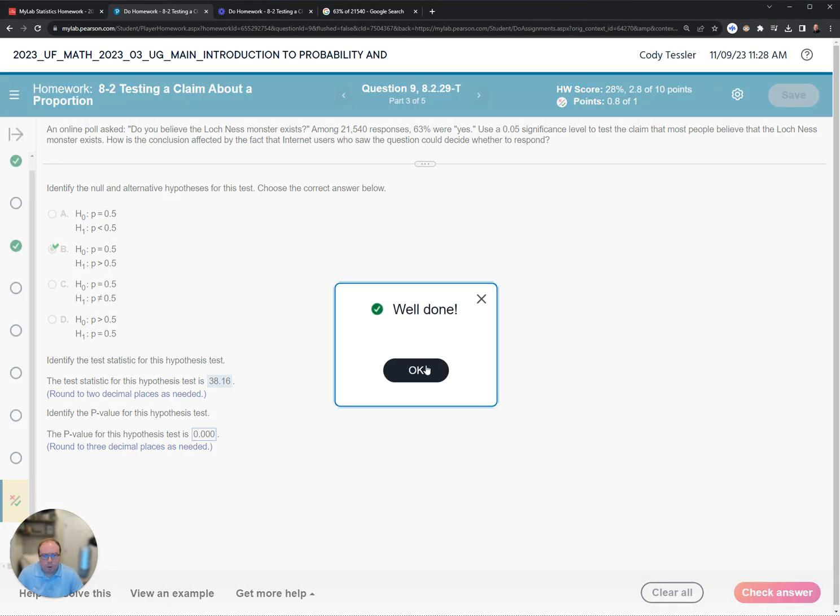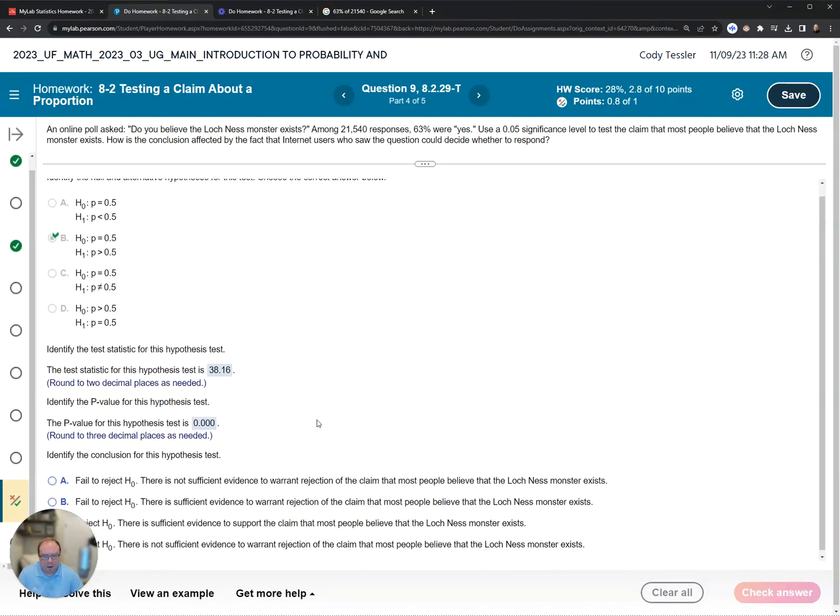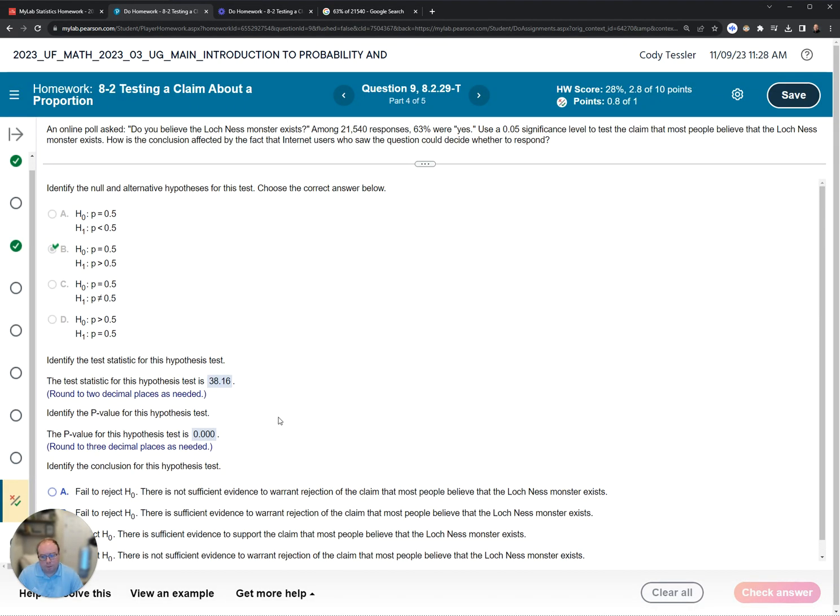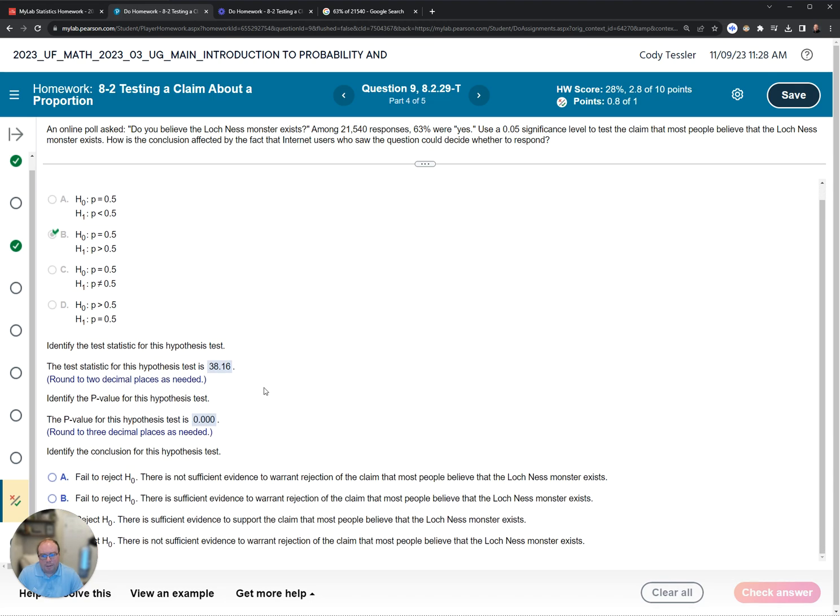And if we pause for a moment and think about why we have such a low p-value, if we're looking at our statistic right here, this is definitely in support of this claim, because 63% is significantly more than half. So what we're going to want to do is reject the null, so we go to our alternative, because this sample, of course, is supporting our claim.